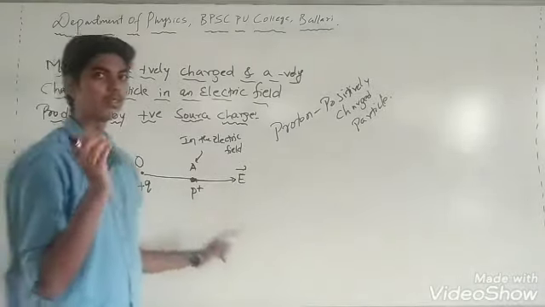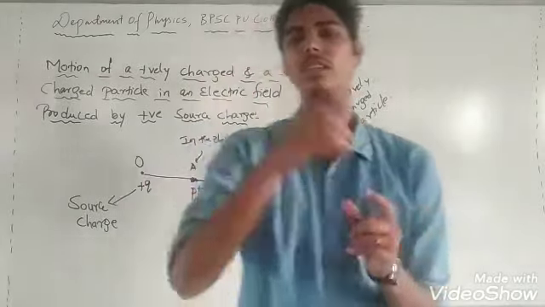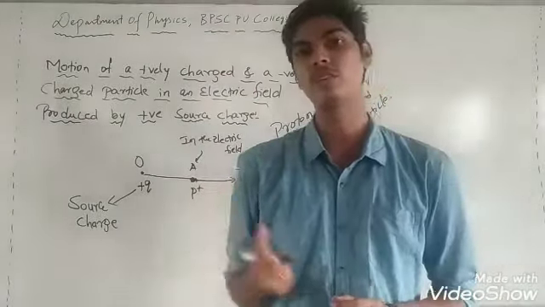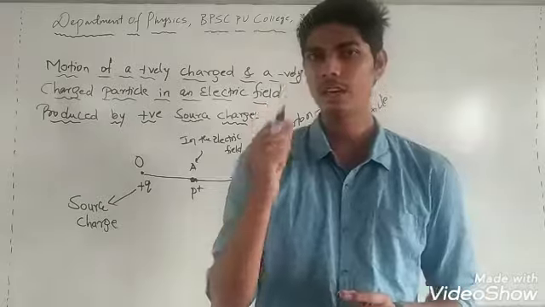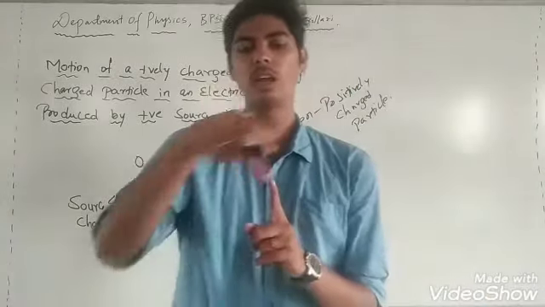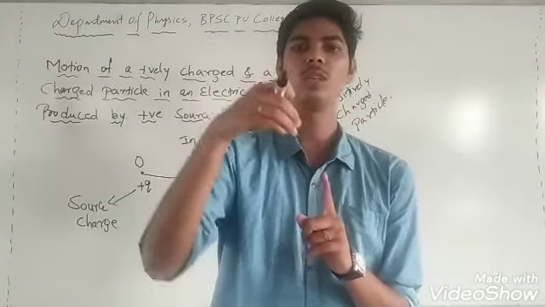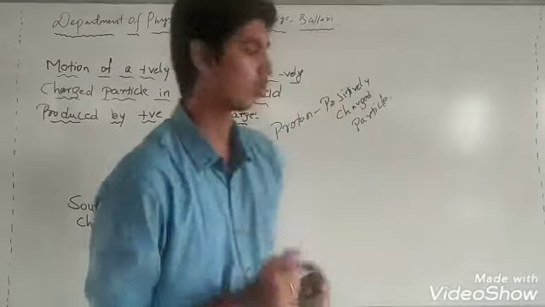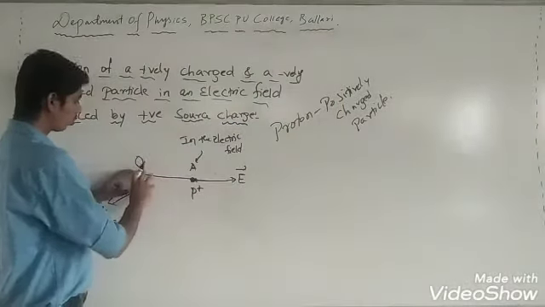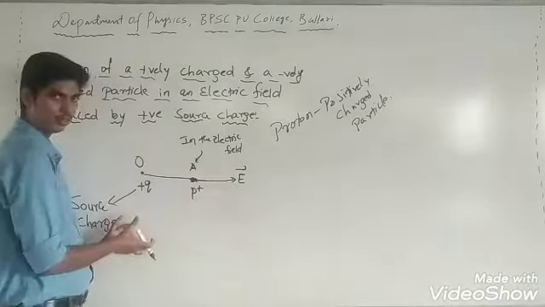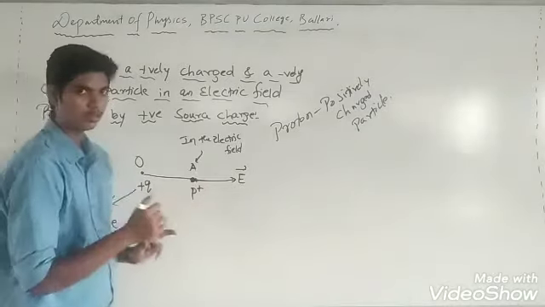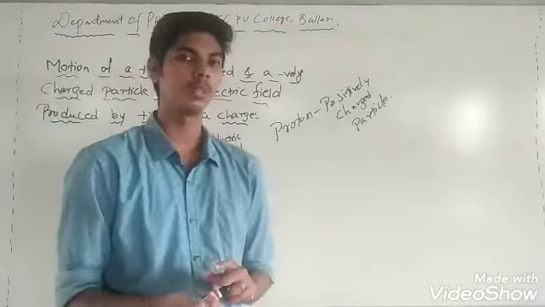We know what happens whenever a charged particle enters the electric field. By the definition, an electric field is a region around a source charge within which another charge experiences a force. That means if any other charge comes inside the electric field created by this source charge, that charge is going to experience a force.